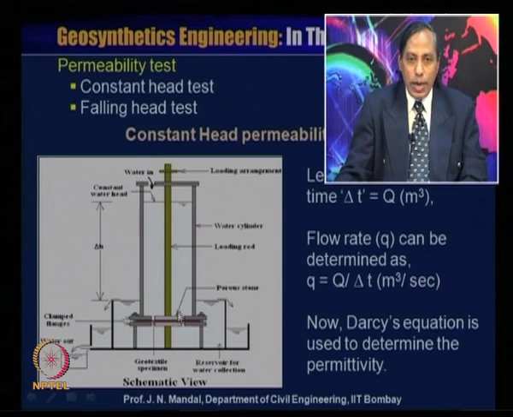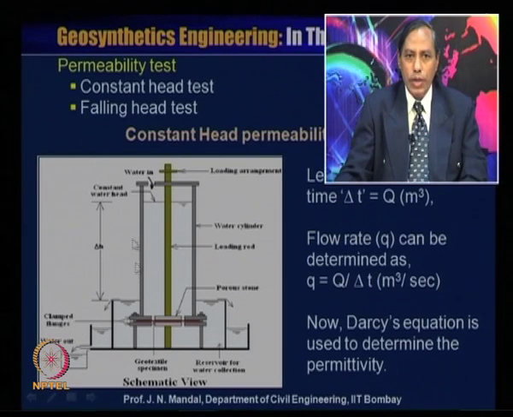So, this is the geotextile material and these are the porous plates at the top and the bottom, and this is the reservoir for the water collection, and this is the loading arrangement. Water is coming in, and this has a constant water head, and this is the clamp trench where the geotextile is tightened, and then ultimately water comes out from here.